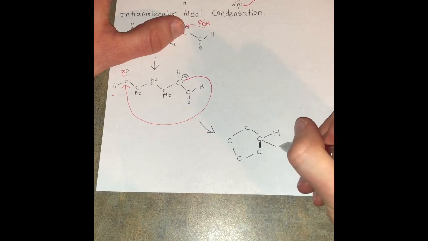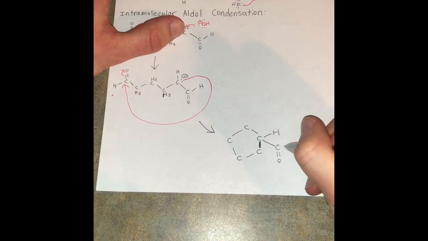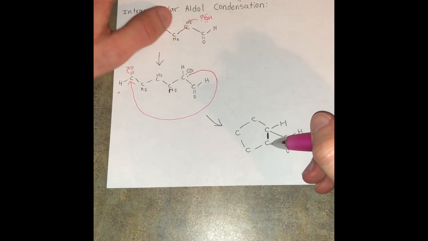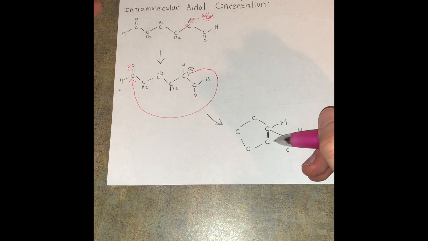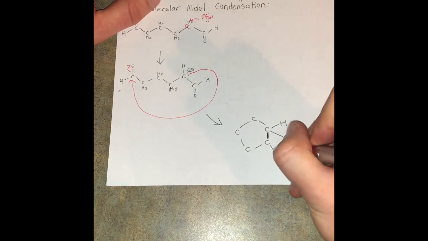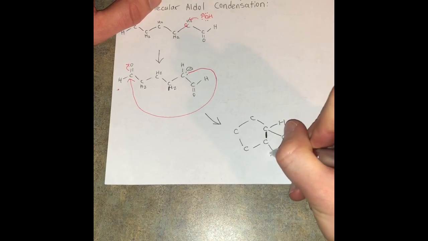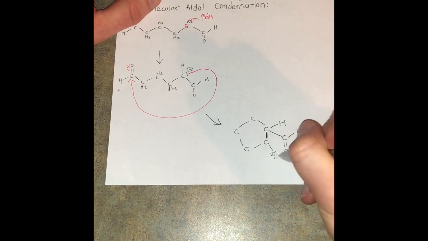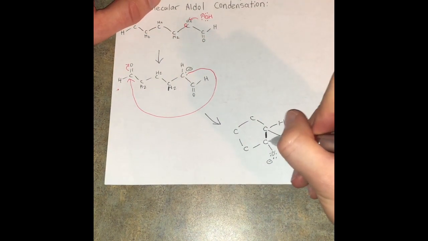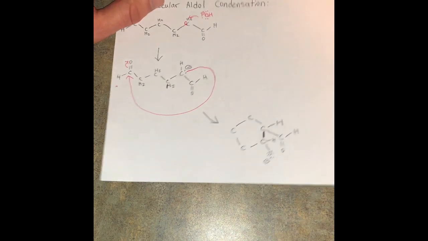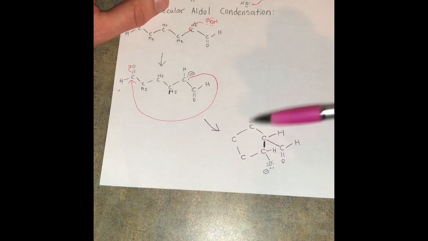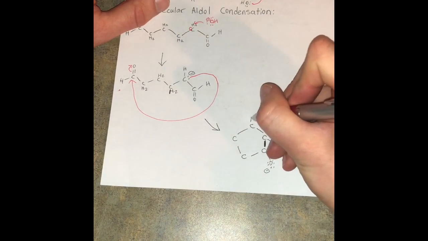So let's draw that in right here. Now this carbon down here is the one that we attacked. So this one has now an O- on it, and the H. And then the rest of these carbons just have 2 H's on each.